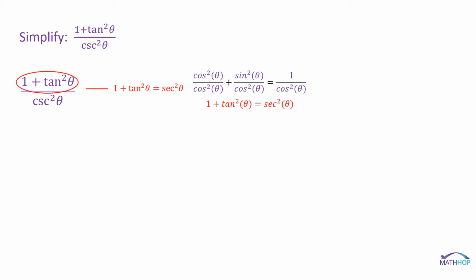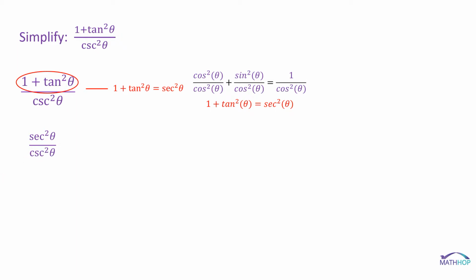So since that's a Pythagorean identity, I definitely want to replace 1 plus tangent squared with secant squared, and then I'll see if I can rewrite in terms of sine and cosine. So rewriting, I get secant squared over cosecant squared. And this I really like because I know that secant is the reciprocal of cosine and cosecant is the reciprocal of sine. So I can work with that.